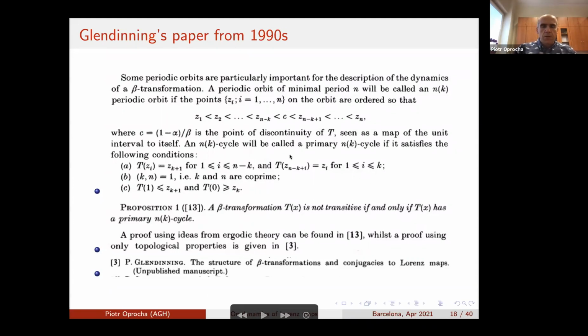So this is it. This primary NK cycle is like a special periodic orbit that you may have in your system.